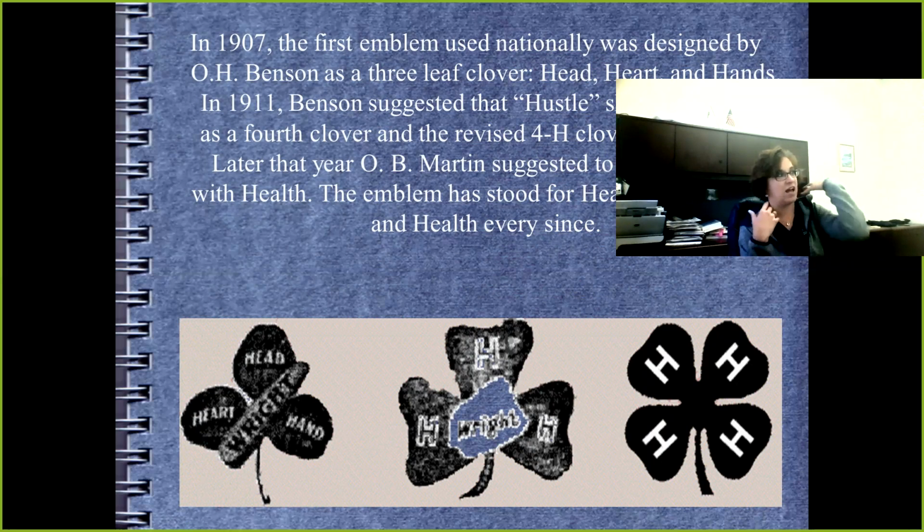So they redesigned and revised the clover and adopted the new clover, as you can see. Later that year, O.B. Martin suggested that instead of hustle, they add health. So health was added, and that has been our 4-H clover ever since: the four-leaf clover for head, heart, hands, and health.